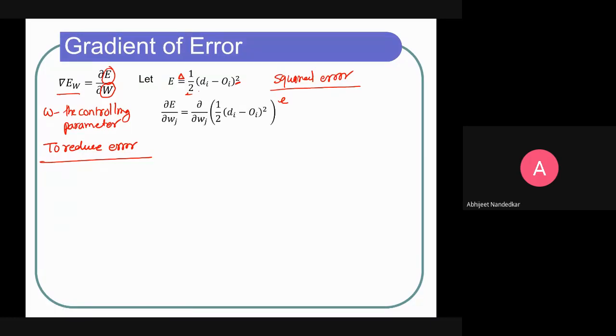Now, we differentiate the error with respect to Wj, where j stands for the weight of the jth terminal.